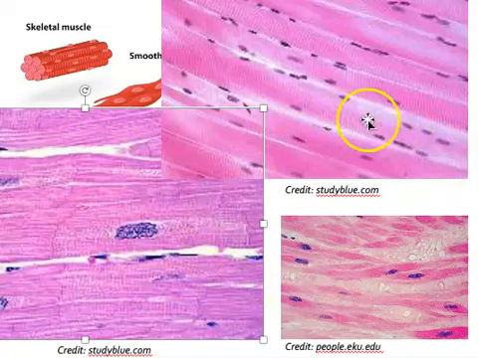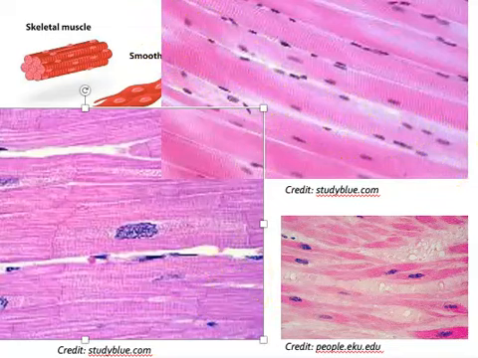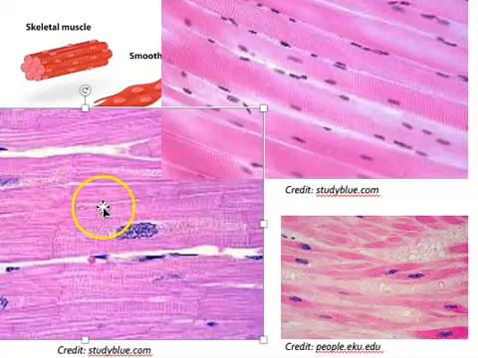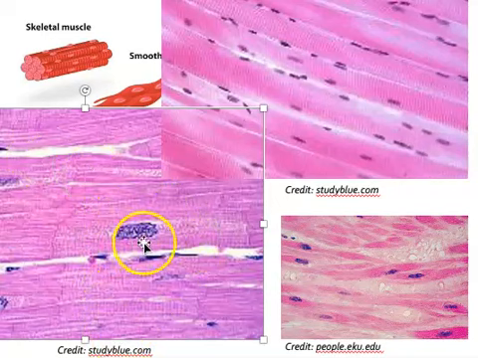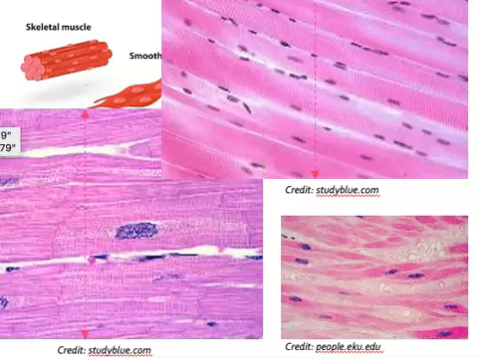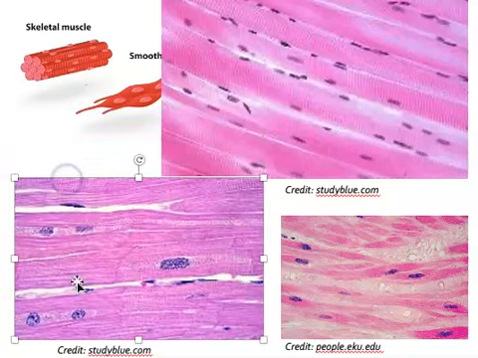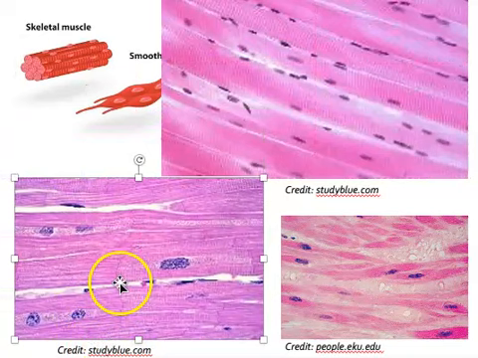In other words, they don't look like these nice, straight, side-by-side linear fibers. There's some connections here that we're not used to seeing. We see these centrally located nuclei, one in each cardiac muscle fiber. That's unique as well. You can't really see the intercalated discs very well, but they're in here.